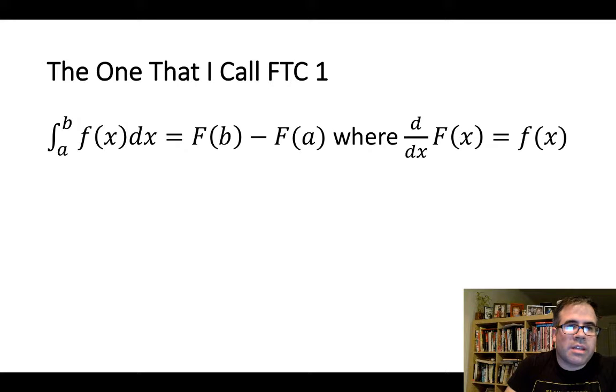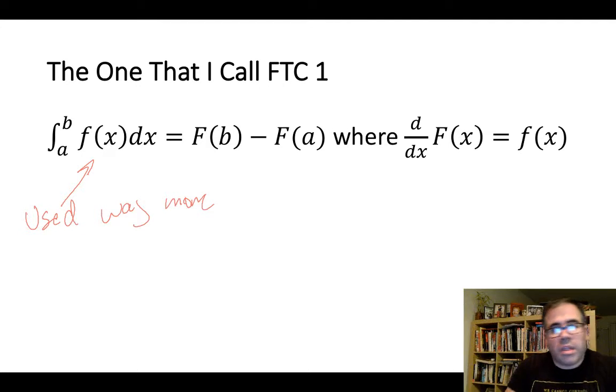It gets way more use. The other fundamental theorem of calculus basically can only be used as is. It can hardly ever be applied. If you're taking definite integrals, you're using the fundamental theorem of calculus 1, and you're going to be taking so many definite integrals.